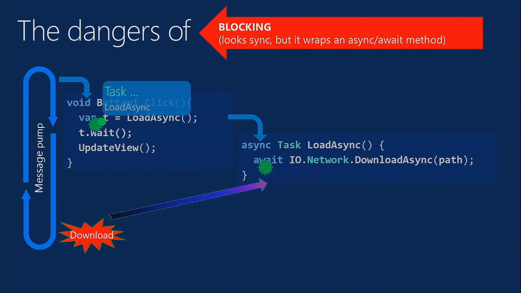Now the download completes. The task that we are awaiting in load async completes. Well, that's good. But now we're trying to resume the load async method, to run it to the end, by posting the resumption back on the UI thread, putting it in the queue for the UI thread to run the next time it gets around to it.